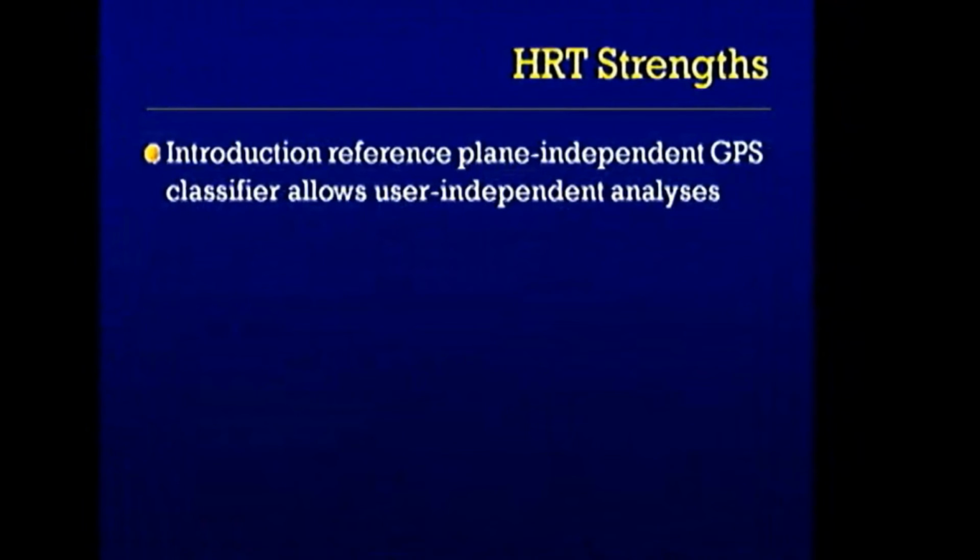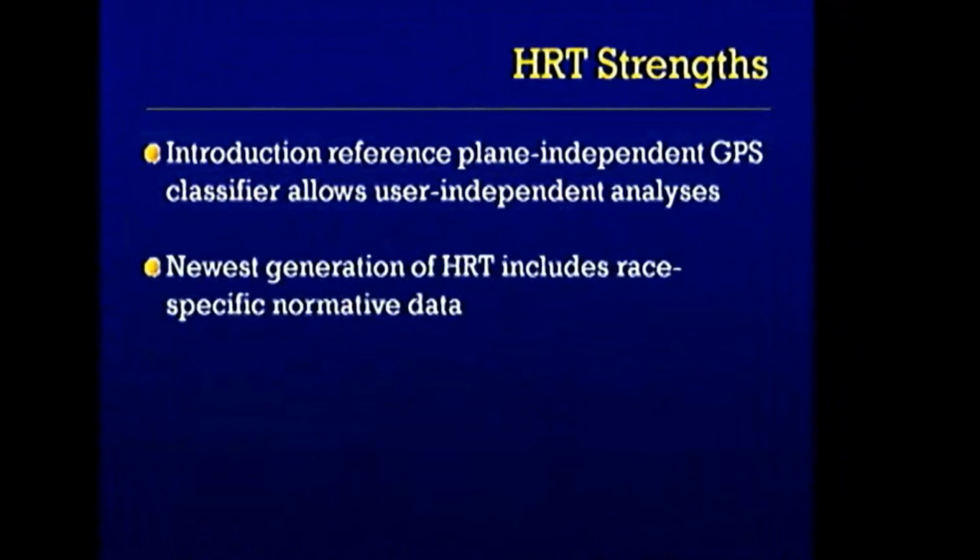There are lots of strengths about the HRT. It's been around a long time, so we have a lot of data on it. The progression algorithms are very well developed. One of the criticisms for the original normative database was that it was all white Caucasians.